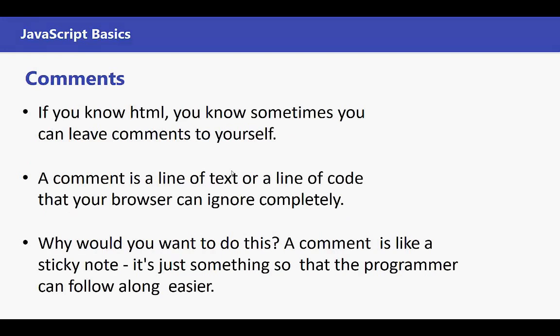Now all this computer code is sometimes hard to read, so it's good to make comments to ourselves. If you know HTML, you know you can write comments. It's a piece of information the computer just ignores, but that a developer like you, like me, who's coming to the code or revisiting their code, can look at and understand. The computer doesn't care what it means, but it's plain English.